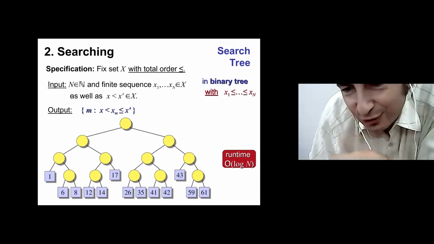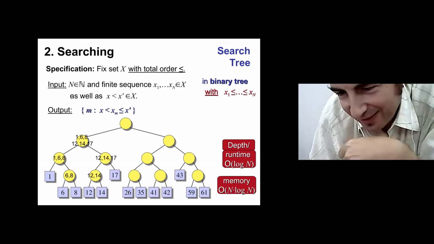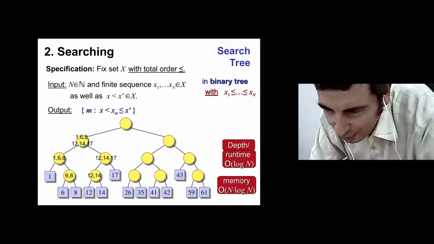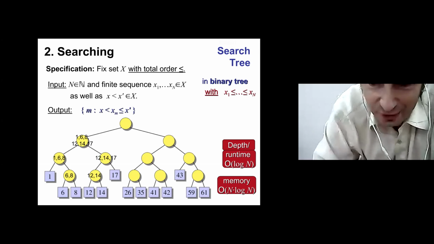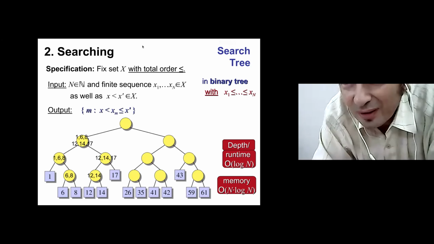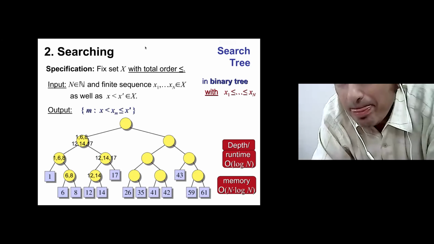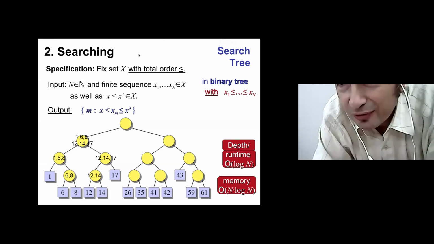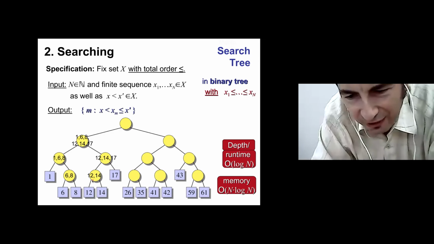So it is a good question. I said if you do it this way, the memory consumption is m times log n, because every element is stored once for each level of the tree.